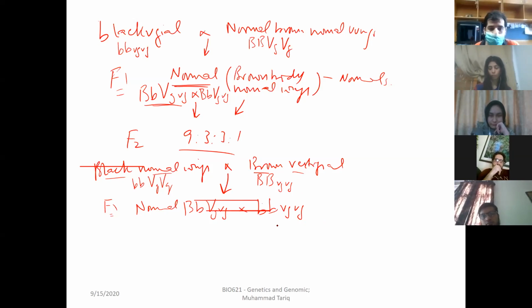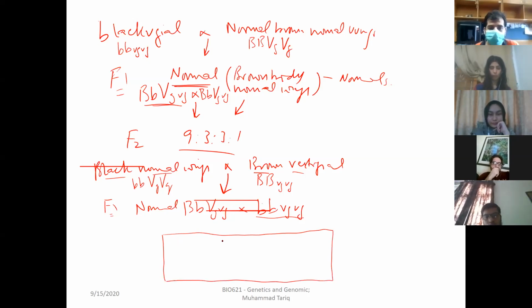The beauty of having a test cross is you forget about the gametes from this side because you know it's homozygous recessive. And Sturtevant said, okay, what I want to see is the ratio between parentals and non-parentals.